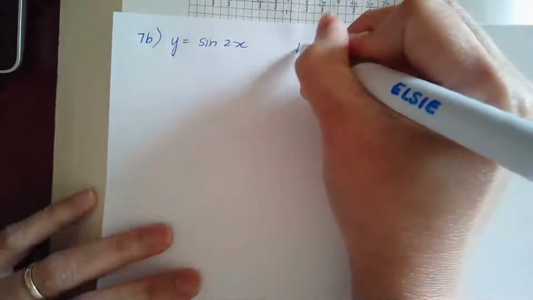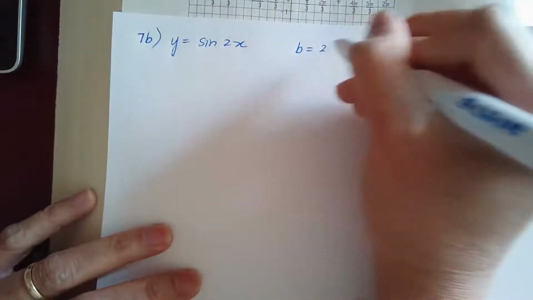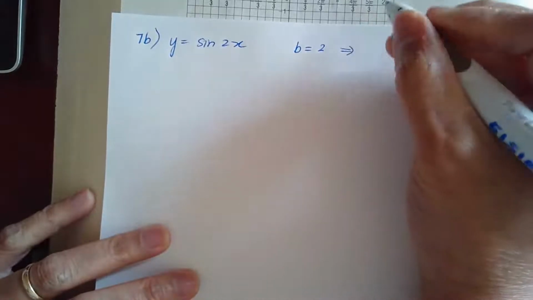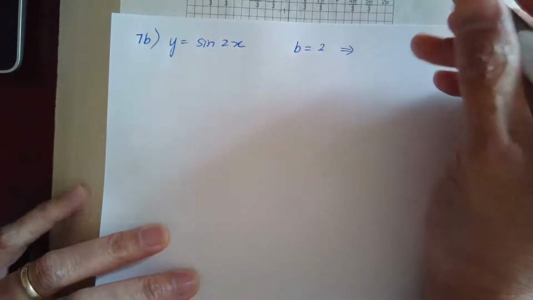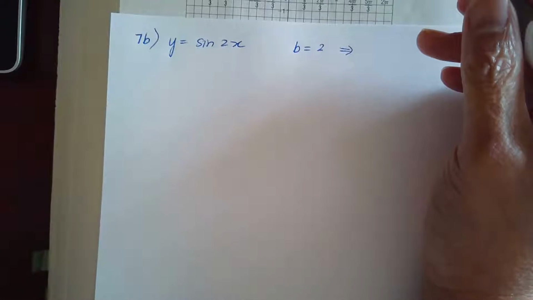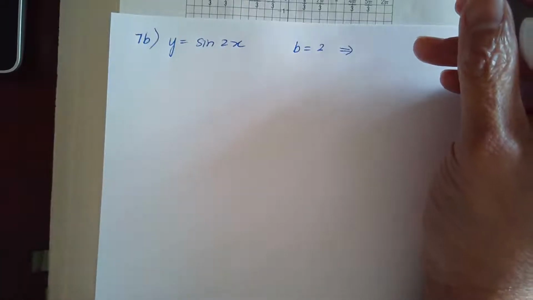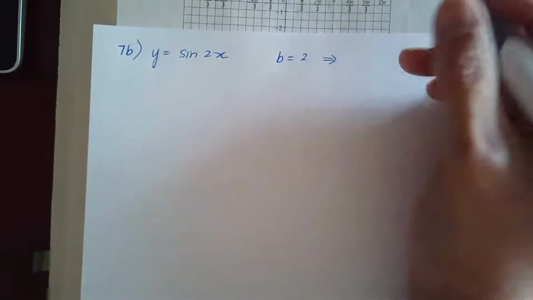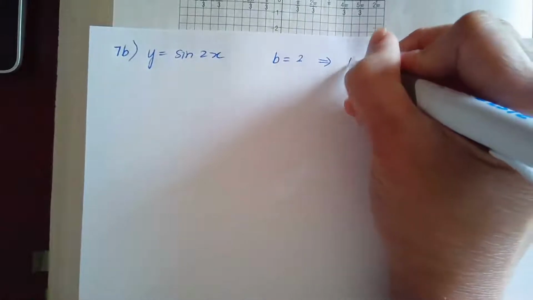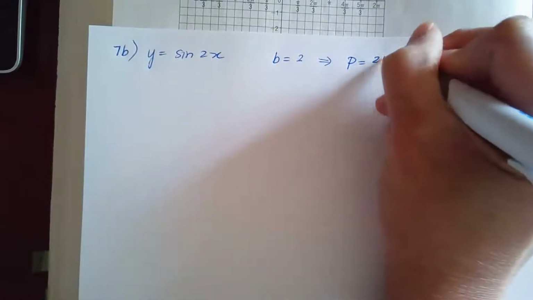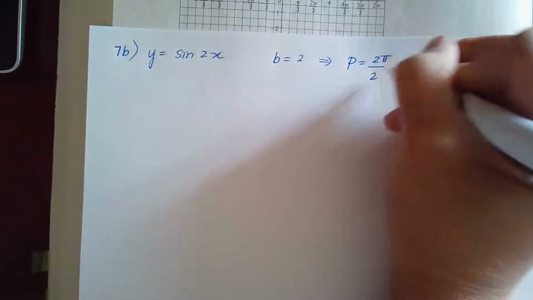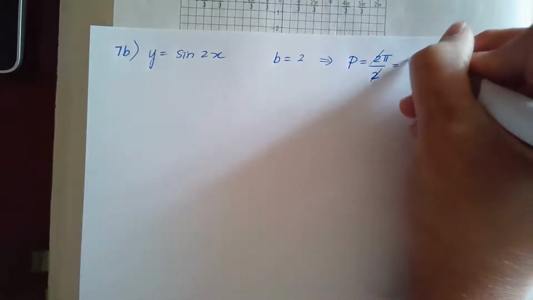So b equals 2, therefore everything is horizontally compressed by a factor of 1/2. That also tells us that the period is 2 pi over 2, which is pi.